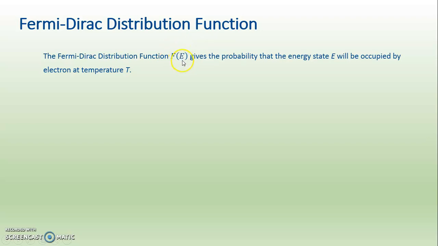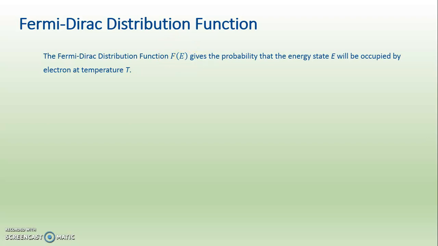If instead of E we write f of E1, then this is the probability of finding electrons at energy level E1. If E2, then it gives the probability of finding a particle at energy level E2.